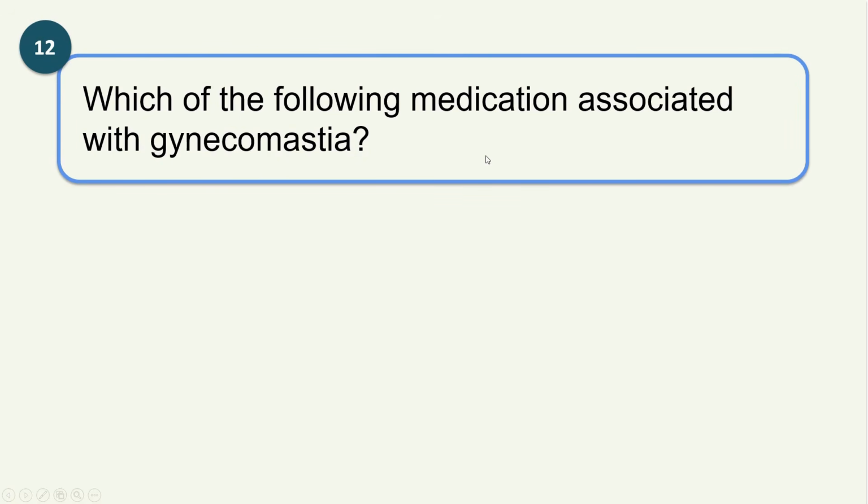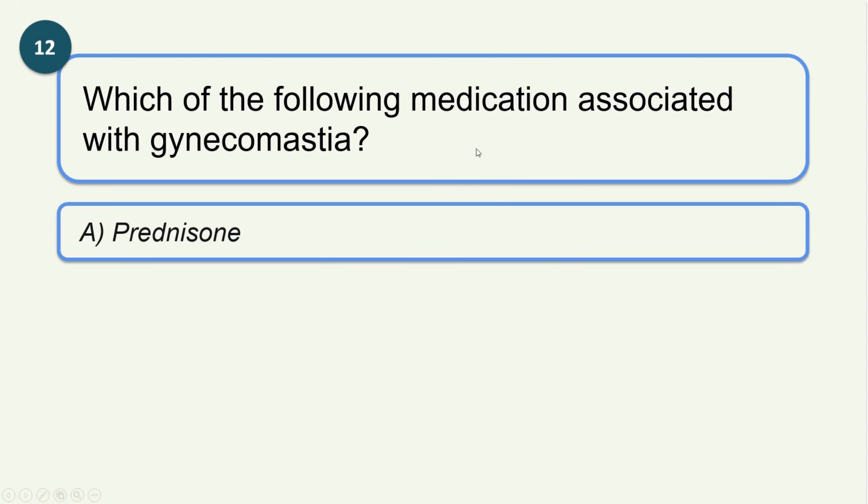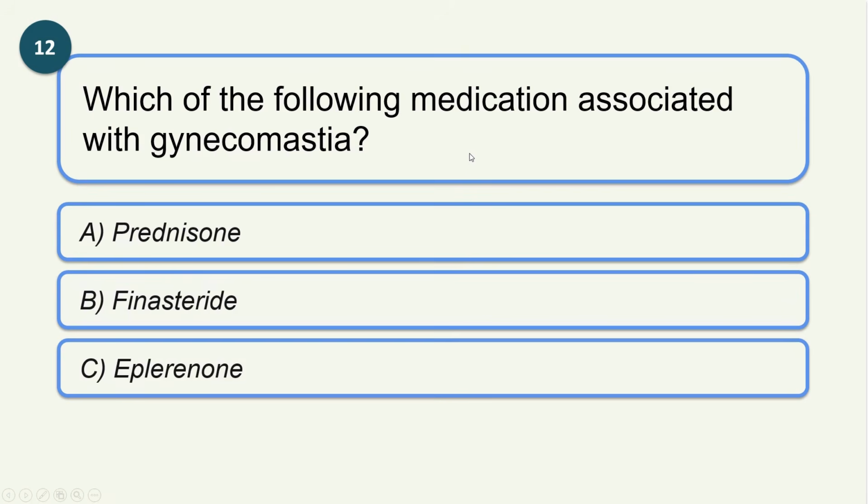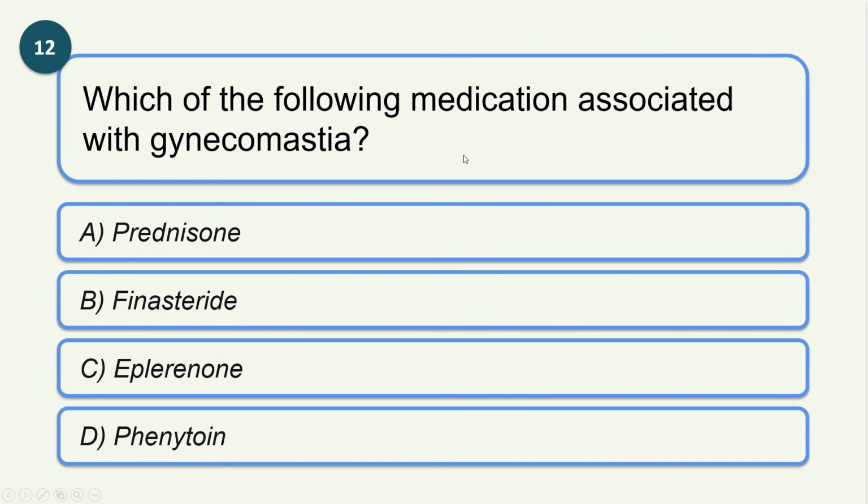Next, which of the following medications is associated with gynecomastia? A. Prednisone. B. Finasteride. C. Eplerenone. D. Phenytoin. Correct answer is finasteride.